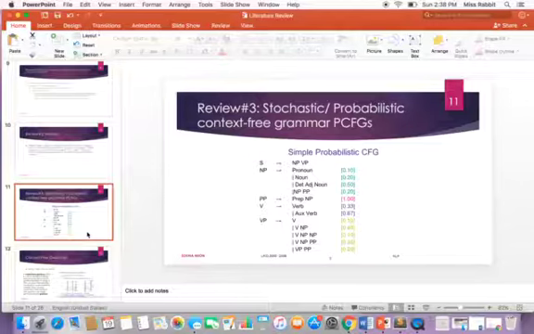SCFG is an extension of the context-free grammar, and the difference is that it provides each production with a probabilistic value. In this way we can predict which value has more priority or chance than the other value.